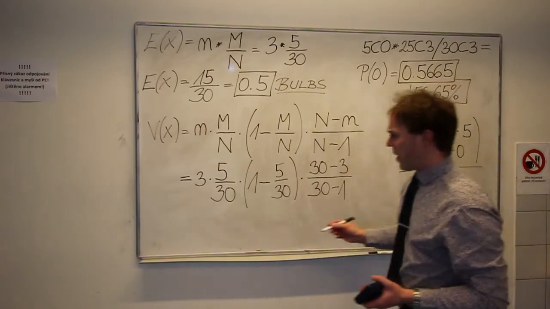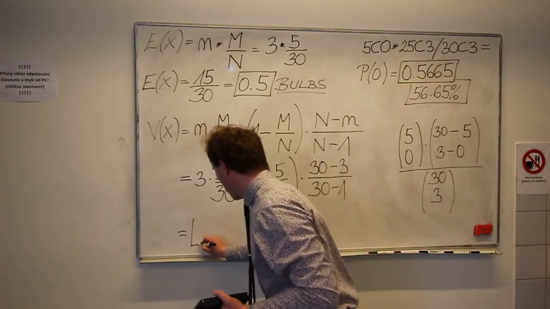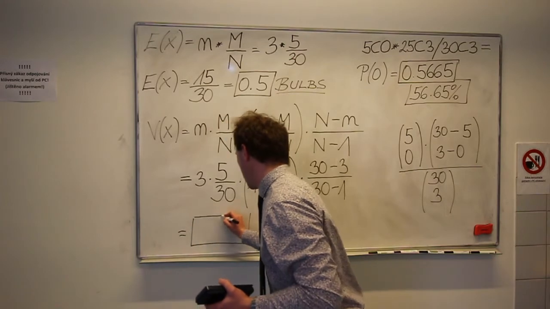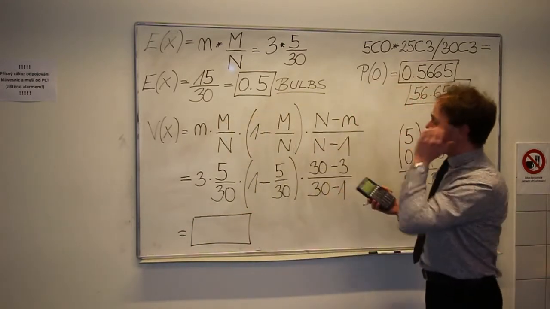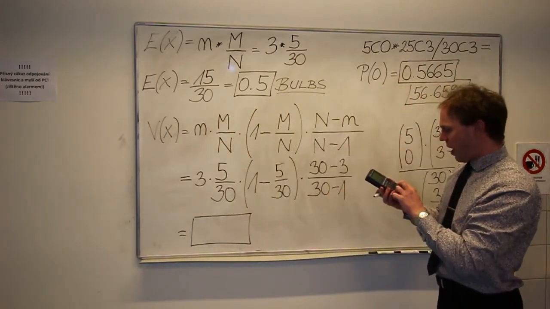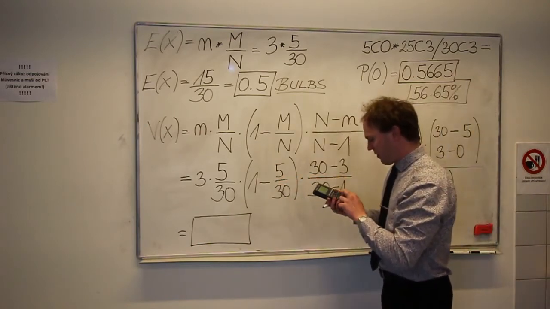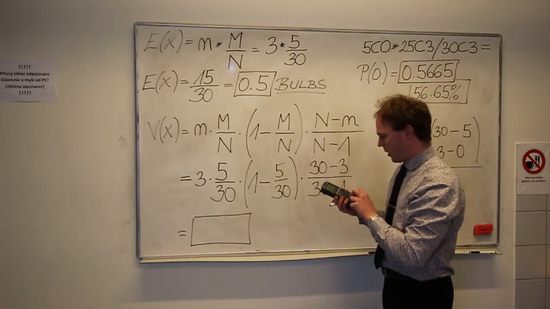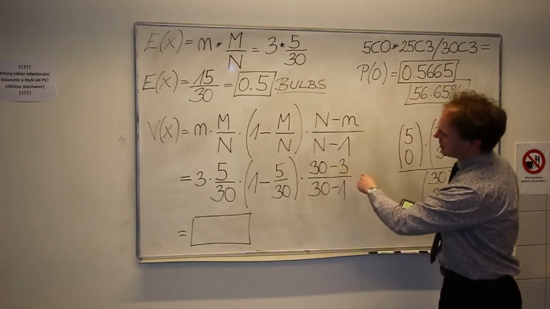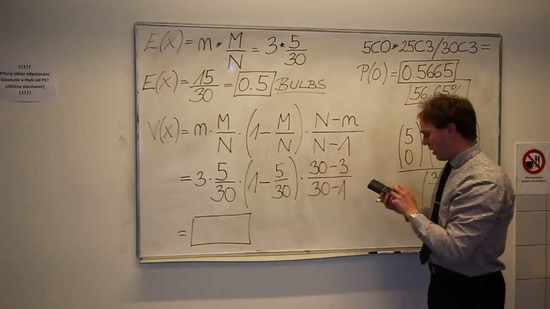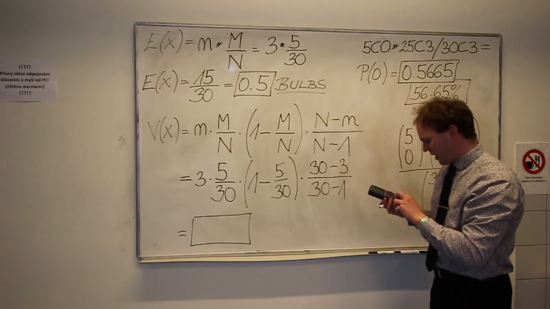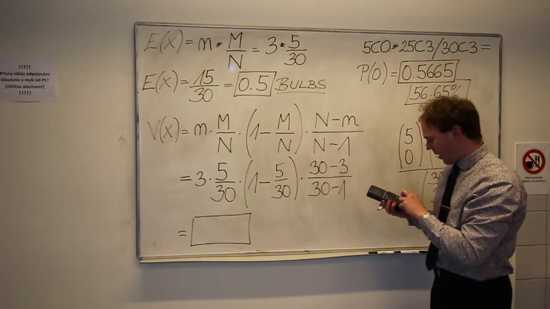So that will be the variance. Enter. So 0.5 times, that is 1 minus 5 divided by 30, enter, times 27 divided by 29, enter.